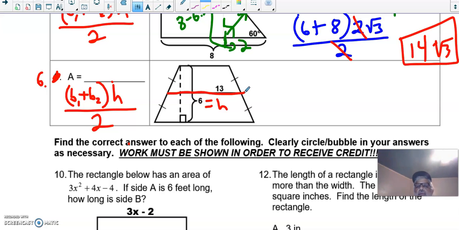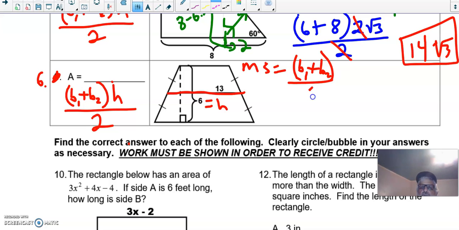Now, in the lesson about trapezoids, it told us that the mid segment is equal to base 1 plus base 2 divided by 2.